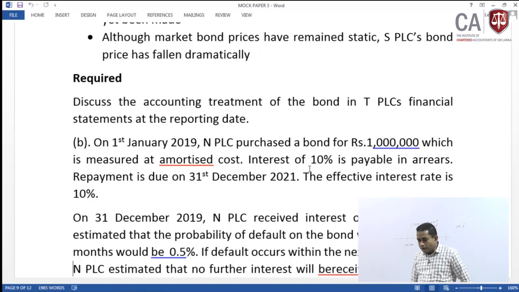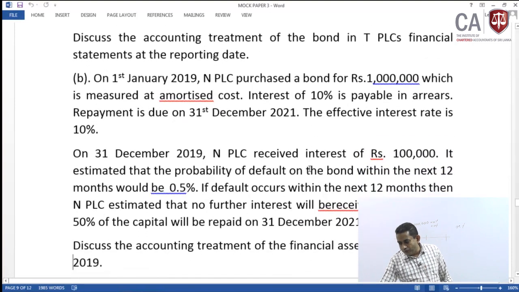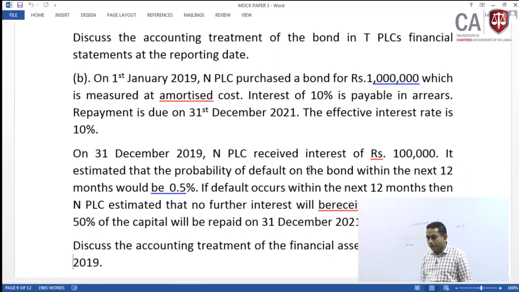If default occurs within the next 12 months, then NPLC estimated that no further interest will be received and that only 50% of the capital will be repaid on 31 December 2021. Discuss the accounting treatment of the financial asset at 31st December 19. So, apparently the kind of impairment review that is needed here is 12 months.